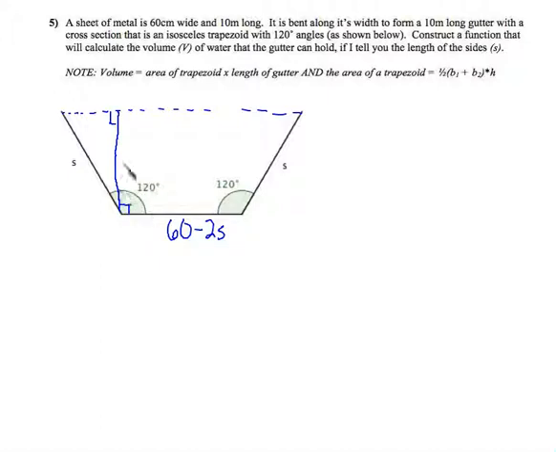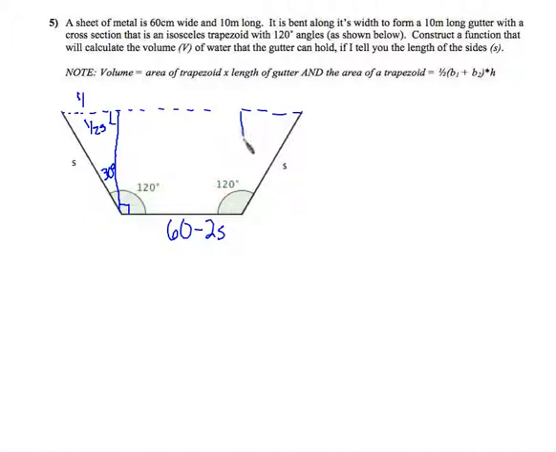So if this is 90 degrees, that makes this right in here 30 degrees. If this is a 30-degree right triangle, then it's a special right triangle, and we know that the short side is half the hypotenuse, which makes this 1/2 s.